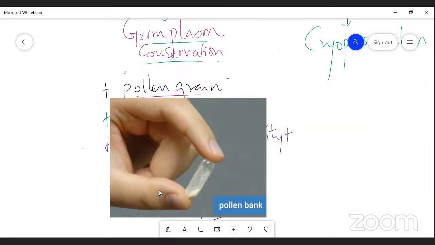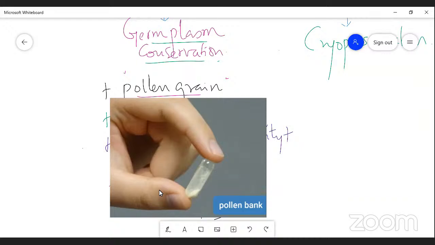Artificially, the pollen grains are stored or conserved or preserved for future purpose. I mean to do research work or to study the general characteristics of pollen and in order to maintain the fertility and viability of the pollen and the seed also, right? So this is one of the pollen banks.